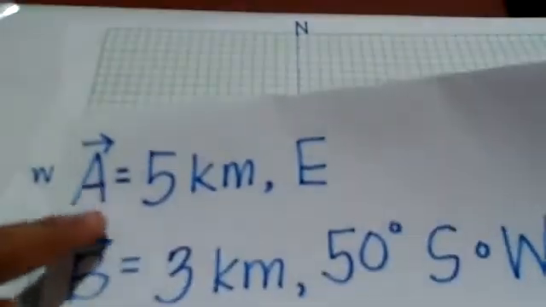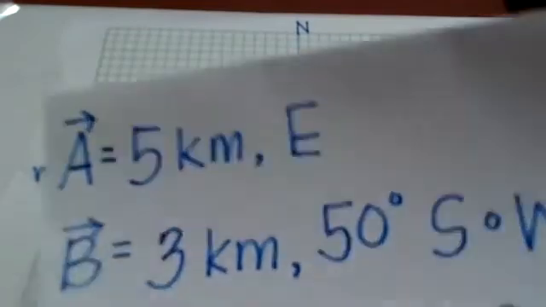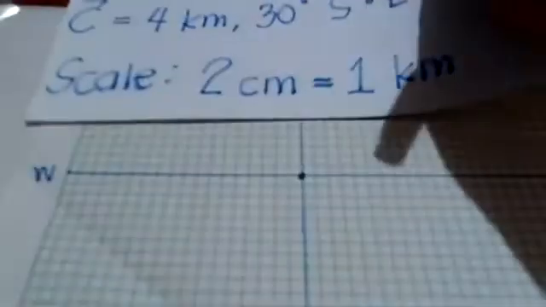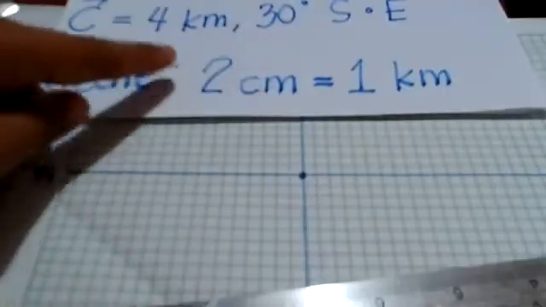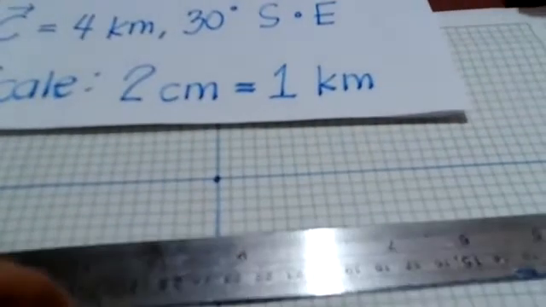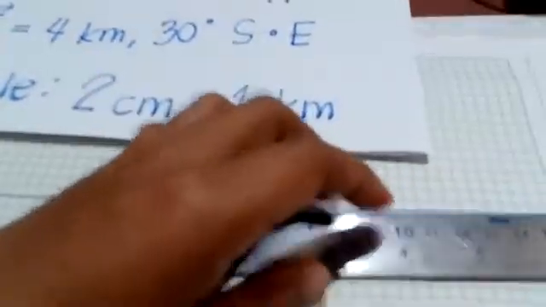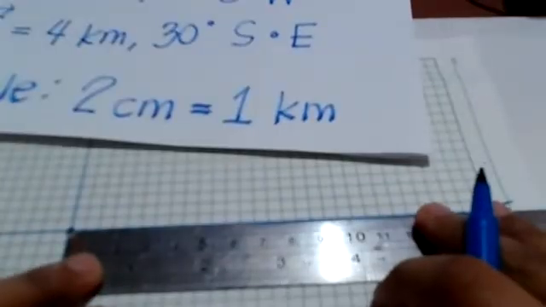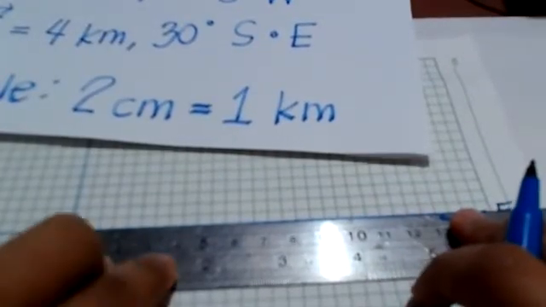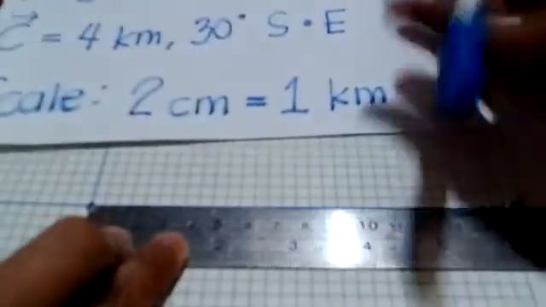Now let's illustrate vector A, which is 5 kilometers east. You get your ruler, using your scale, which is 2 cm equal to 1 kilometer. From east, I locate my origin, which is at 0. So 5 kilometers in every 2 centimeters.